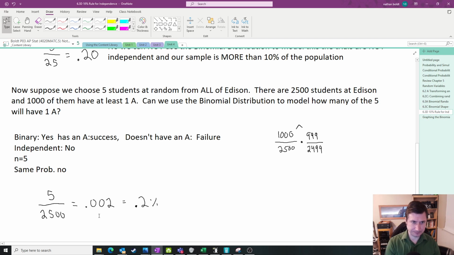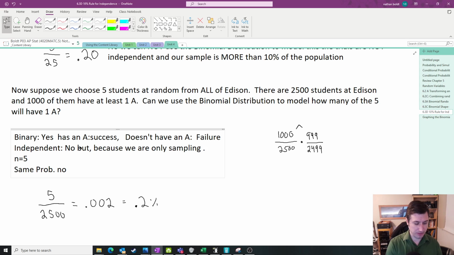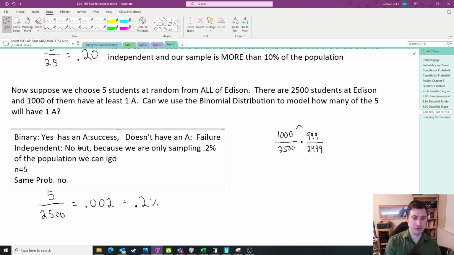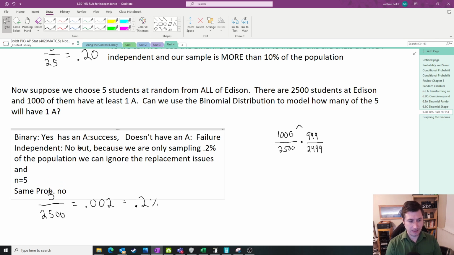So that means that we don't ignore the independence, we ignore the replacement. Because we are only sampling 0.2% of the population, we can ignore the replacement issues and say we have independence.